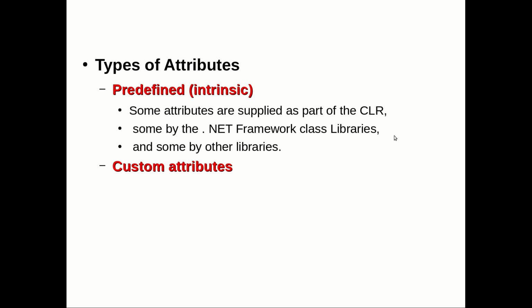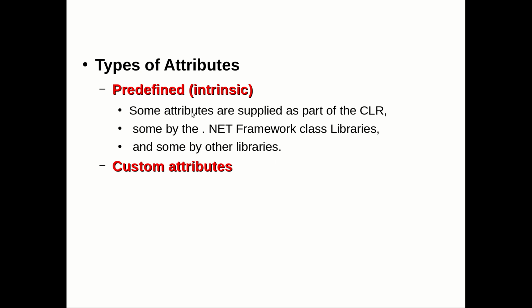The attributes which are already available as part of the common language runtime, or the attributes which are defined in the .NET Framework class library, or any other libraries which have attributes, can be called predefined attributes. The other term is intrinsic attributes.